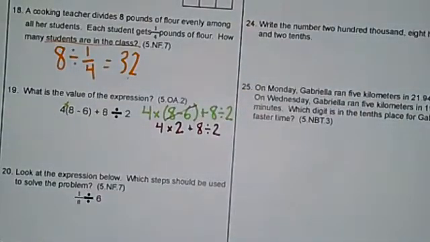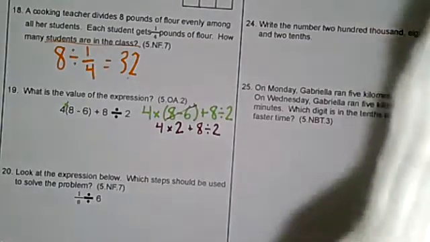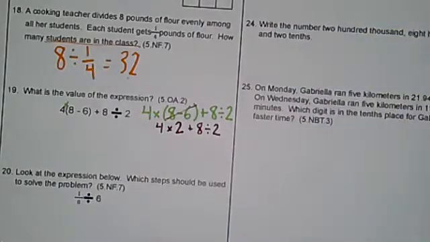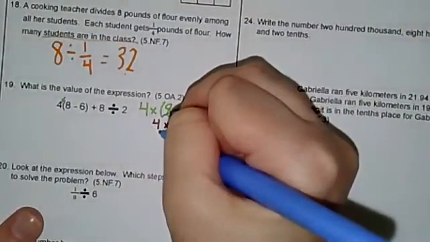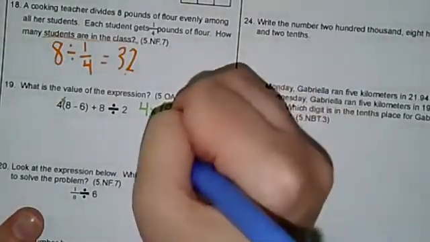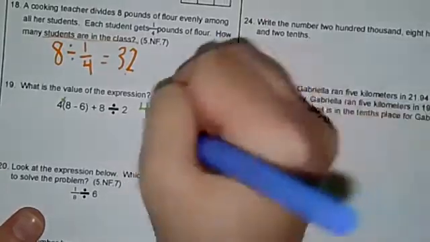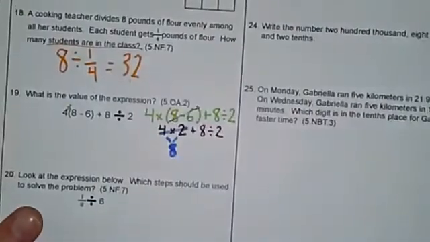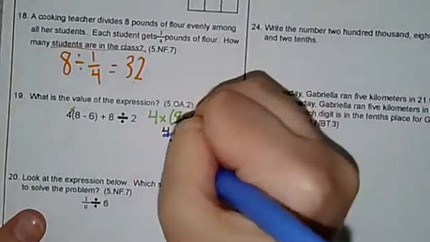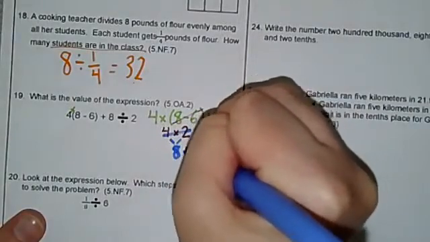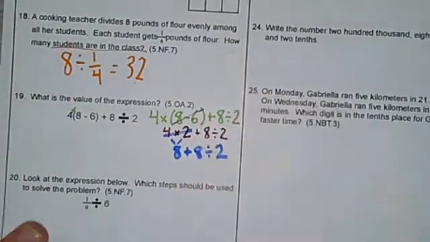All right, what comes next, Adam? You are a genius. He says, do the 4 times 2, so I'm going to. 4 times 2 is 8. Then I'm going to cross that out and write in the rest of the problem. 8 plus 8 divided by 2.